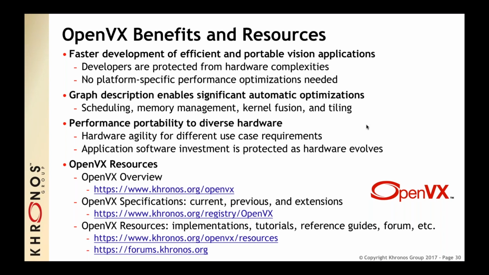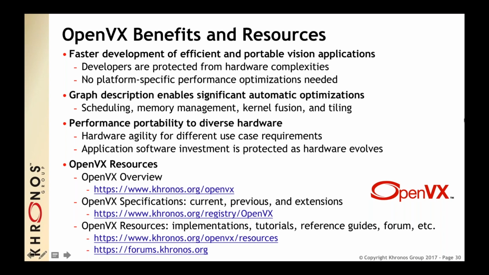Okay, great. So this is just a summary slide here, wrapping up for OpenVX. We have the ability to have a fairly quick time to market because the high-level APIs are fairly easy to use, and you don't have to do a lot of hardware-specific development. On the other hand, the graph enables the implementation to optimize for the hardware and do a lot of automatic optimizations for you.